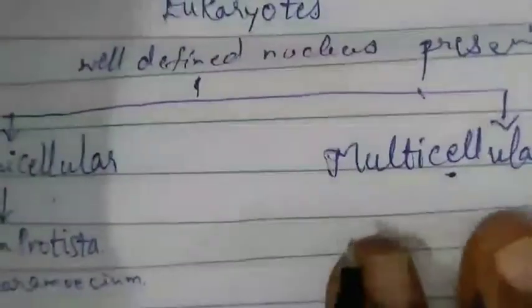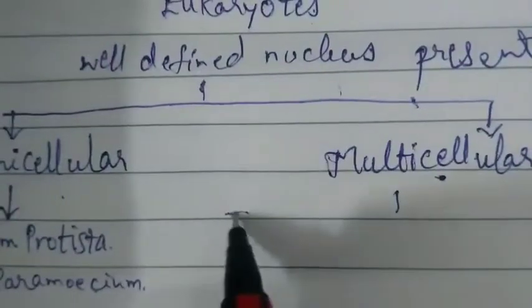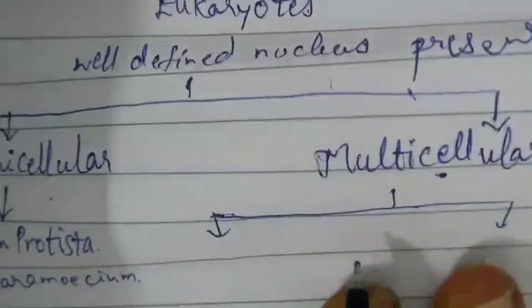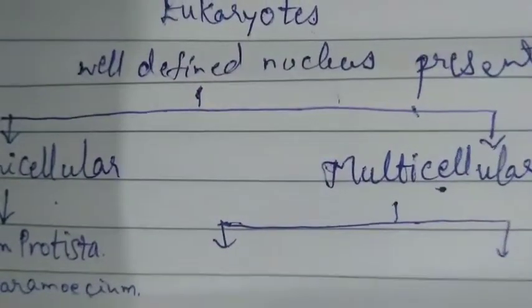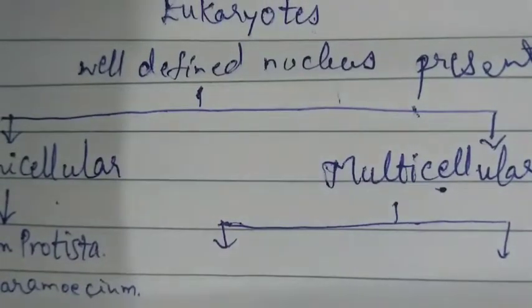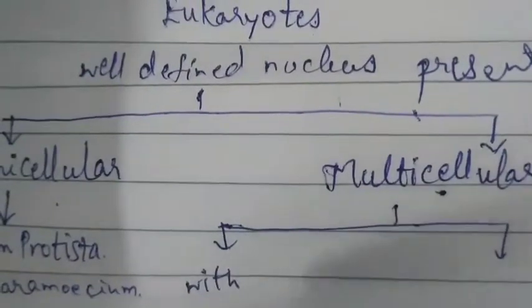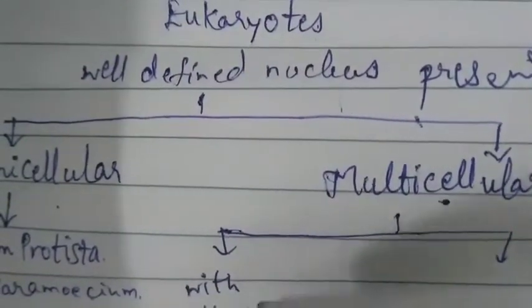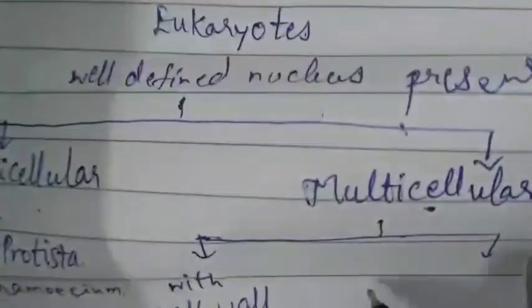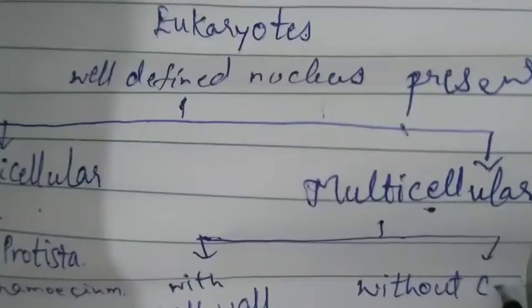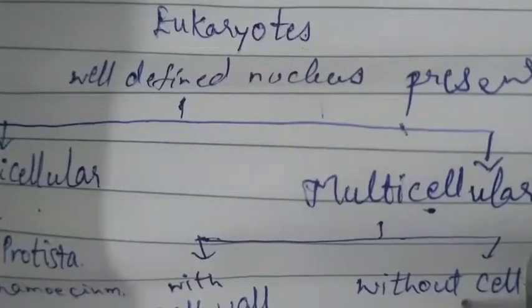Whereas the multicellular organisms are again divided into two subgroups, with a cell wall and without a cell wall.